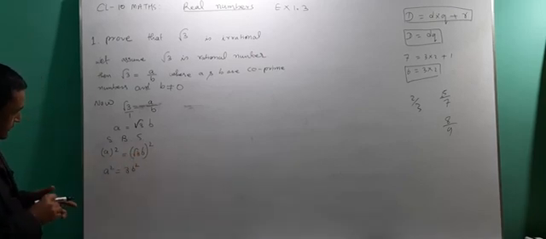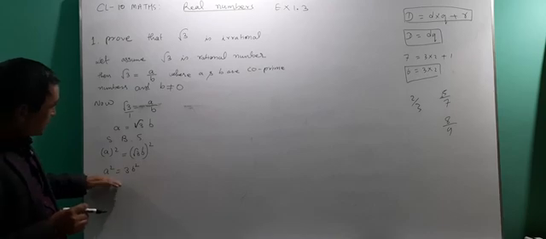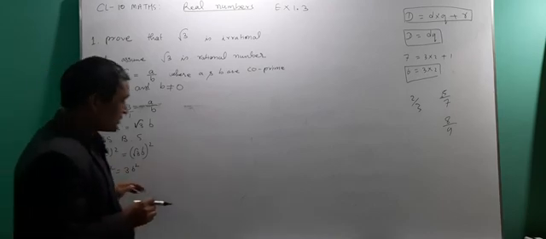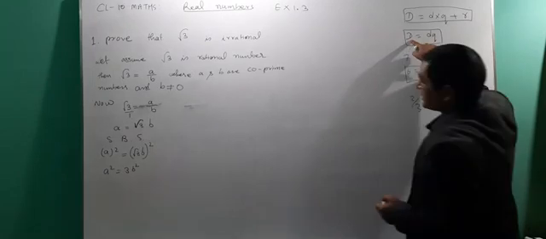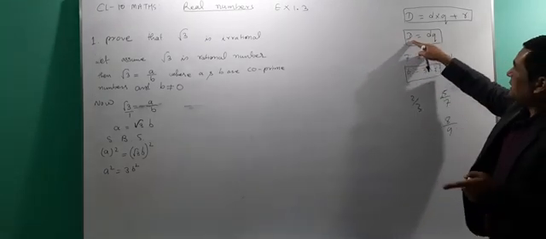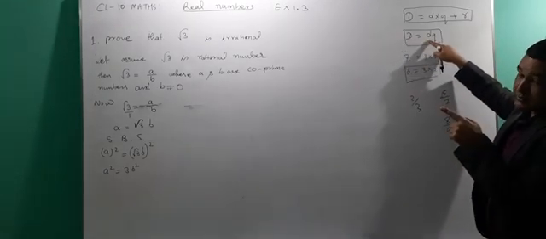Okay, now after solving, we got the equation in this form. a square is the dividend, 3 is the divisor, and b square is the quotient.